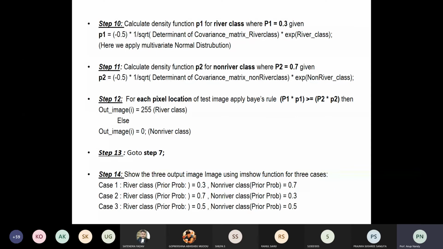Then for each pixel location, not the intensity value, irrespective of providing the output of R, G, B and I, you are simply giving the output of these new images, and these new images depend on the prior in the different cases. If your case is only one case, suppose the prior probability is 0.3 and the other prior probability is 0.7, then you'll have only one image.